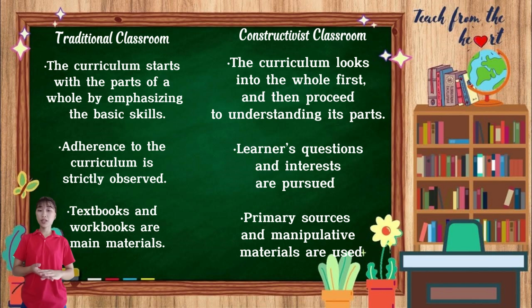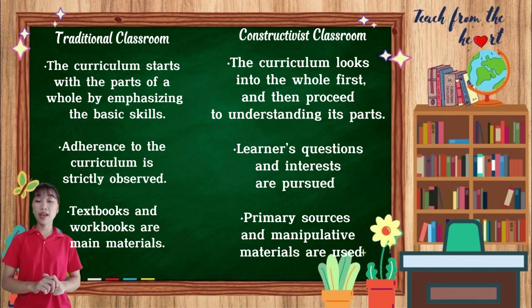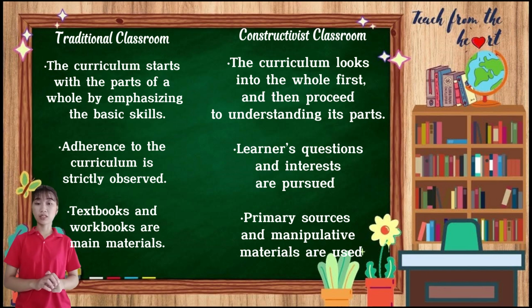Next, in a traditional classroom, adherence to the curriculum is strictly observed. Unlike in a constructivist classroom, the learners' questions and interests are pursued. In a traditional classroom, textbooks and workbooks are the main materials, while in constructivist classrooms, it is the primary sources and manipulative materials, such as the different forms of technology.